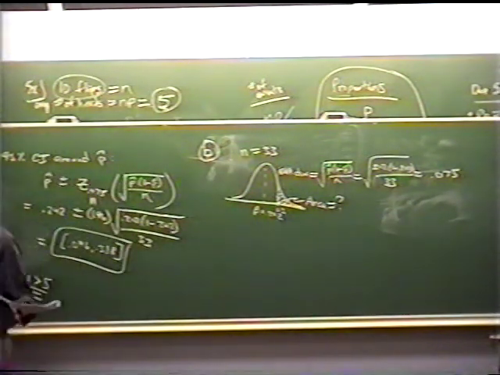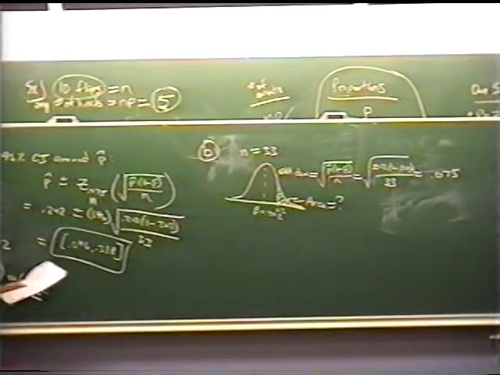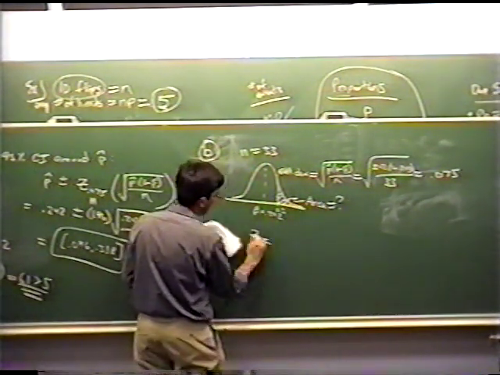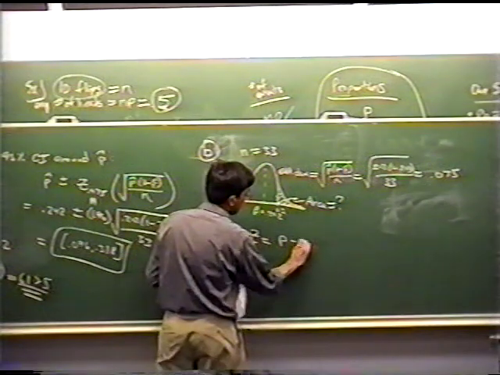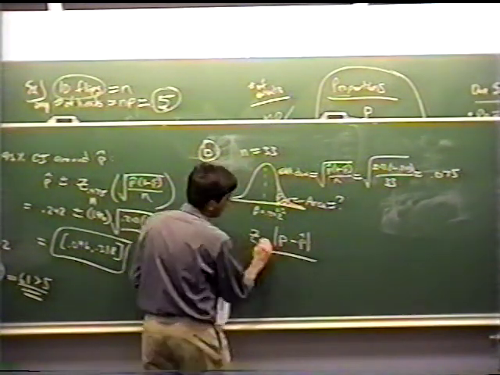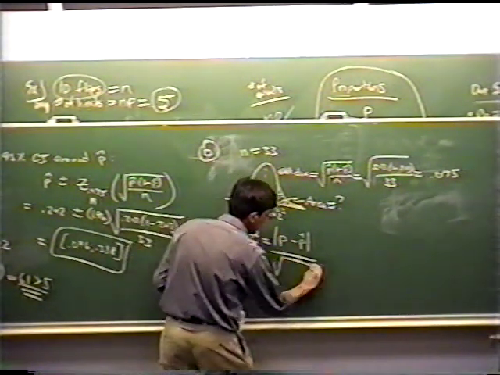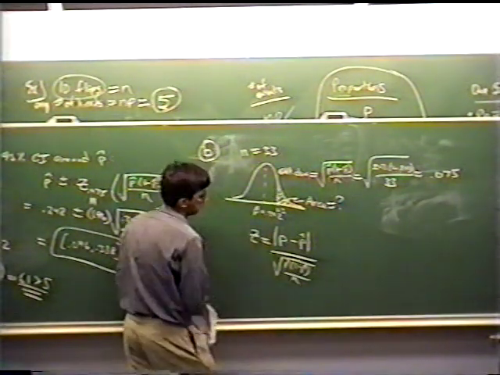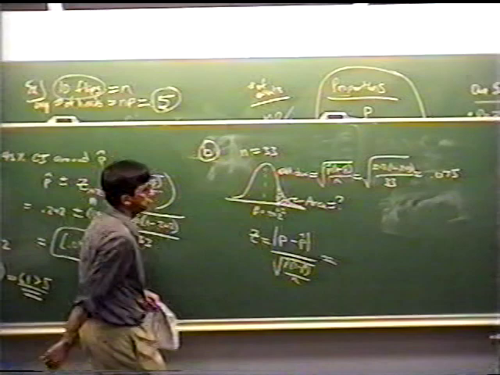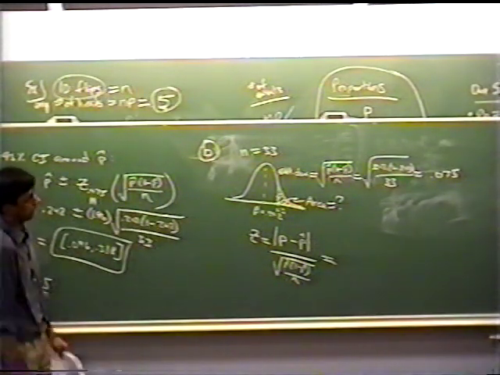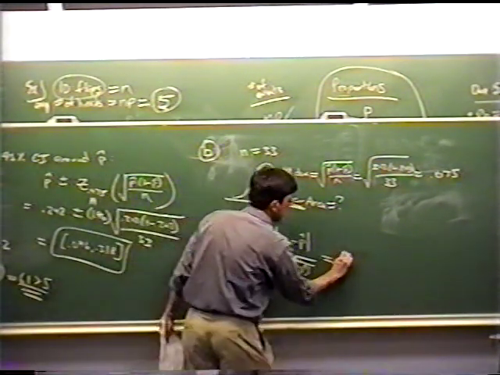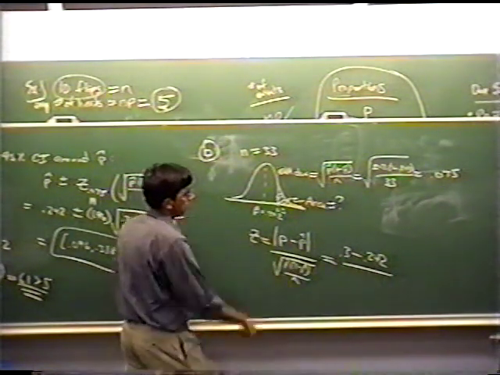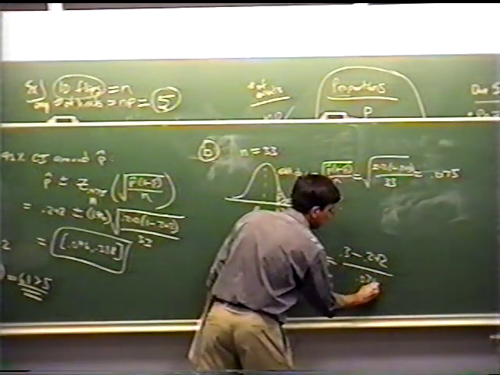This is just like dealing with a normal distribution. So you calculate your z-score. It's p minus p hat all over the standard deviation, the square root of p hat, 1 minus p hat over n. And then you just plug in the numbers. 0.3 minus 0.242 over the standard deviation of 0.075.